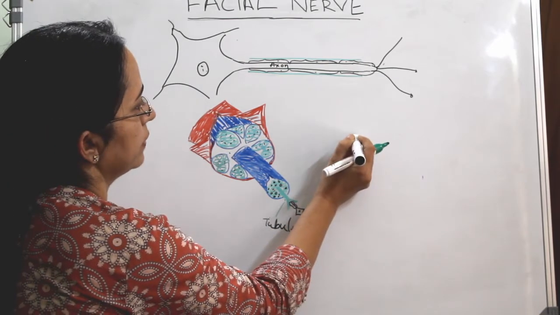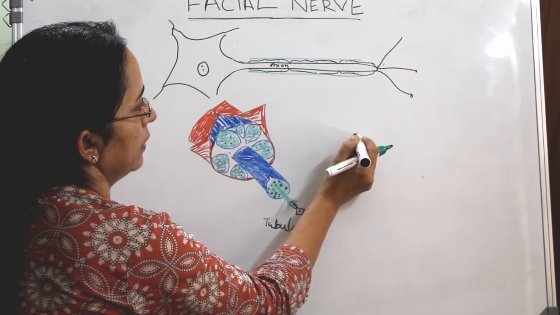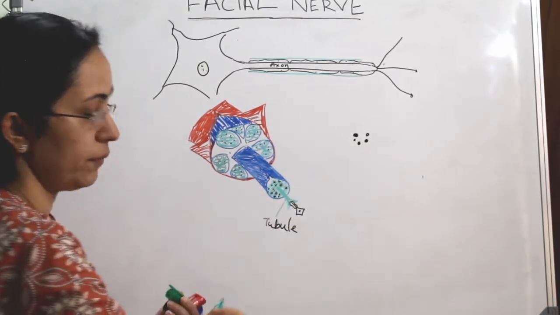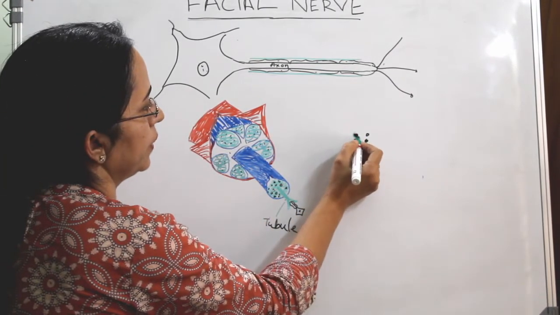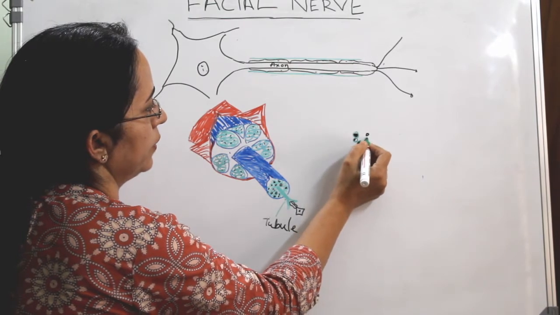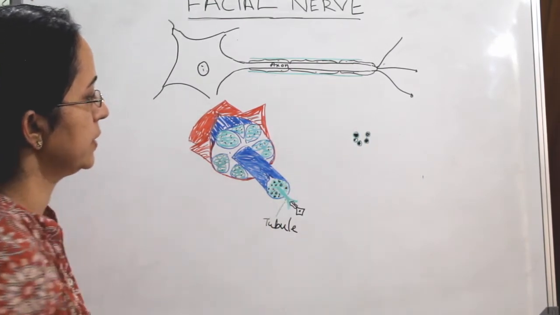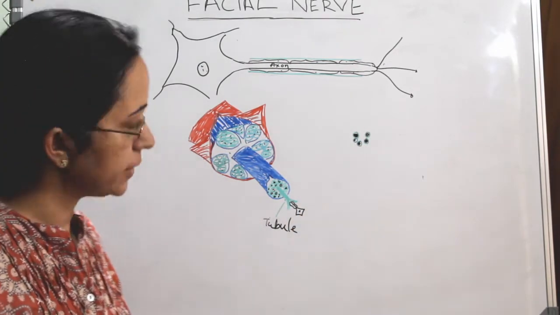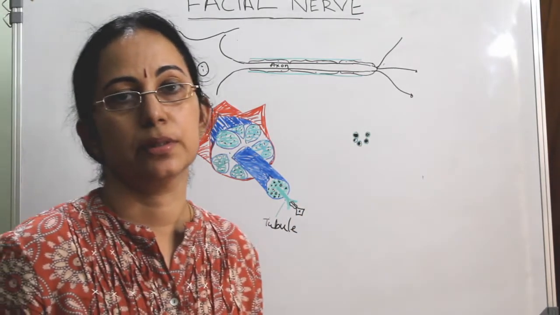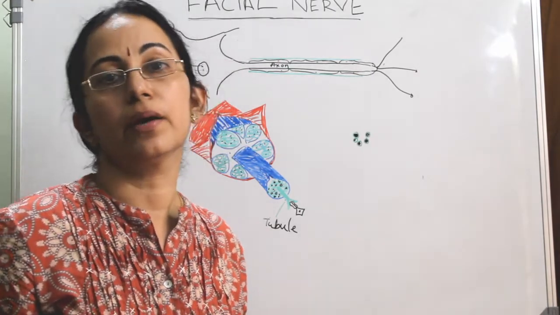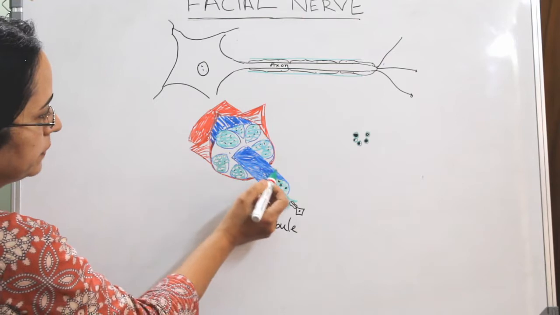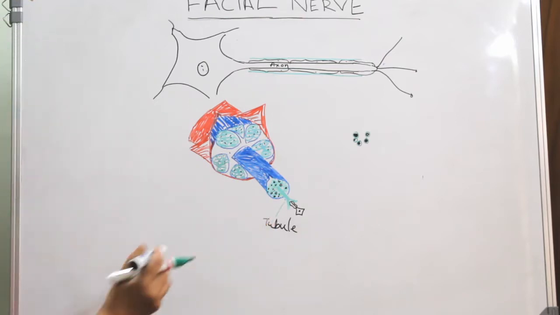One axon covered by endoneurium, each of them is called a nerve tubule, and so many tubules are again covered by a protective connective tissue layer, and that is the perineurium.